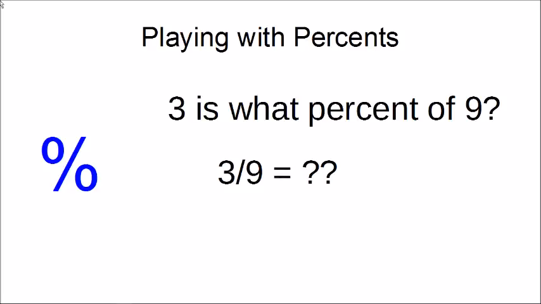So our fraction now is 3/9 equals what we're trying to solve. And we know that 3 over 9, if we divided it out, we'd get 0.3333 on forever. We move our decimal point over once, twice, and we get 33.33, and add our percent sign. And so we know that 3 is 33.33% of 9.